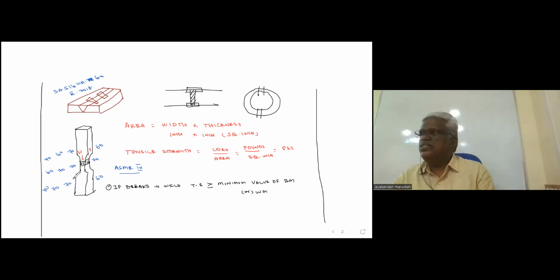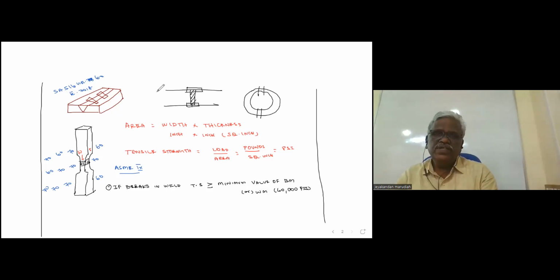So what is the minimum value here? 60, so it should be 60,000 PSI. Again, I will repeat, if it breaks in weld, whichever is the lowest value, whether base metal or filler metal, it should meet that lowest value.